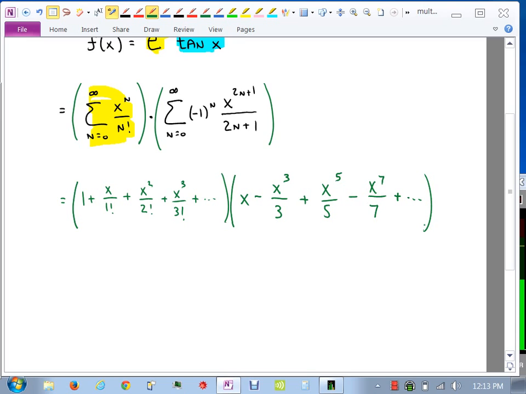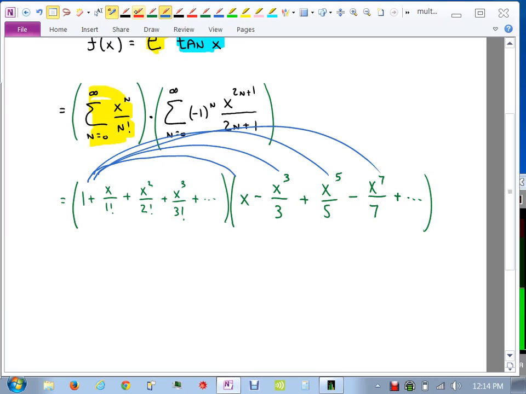Now I'm going to have to at some point wave my hands because I can't do 1 times everything, I could be there forever. So I'm just going to go 1 times a few of those, then that next one, and I'm going to start listing them out. So I have 1 times all of these, which equals the same thing. I'm going to go to a smaller pen here. x minus x cubed over 3 plus x to the 5th over 5 minus x to the 7th over 7 plus dot, dot, dot, plus, now let's go to the next multiplication, which would give me what?